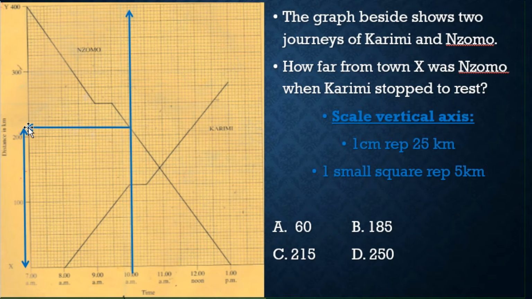Then we look at the question, how far from town X? X is down here. This arrow drawn here represents how far he is from town X, from 0 to 215. That is 215 kilometers away from X. He has already covered this distance, and now he is to cover the remaining distance, which is 215 kilometers.